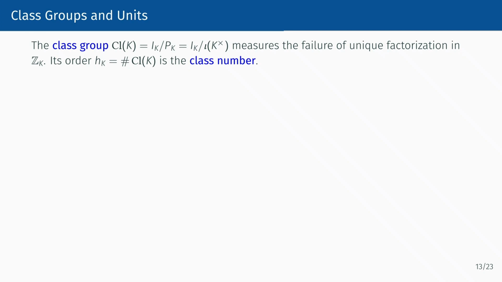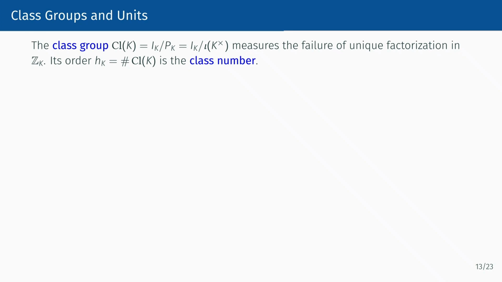The class group is an invariant coming again from the structure of ideals in our number field. I talked earlier about how one can generate an ideal by a single element. These ideals are known as principal ideals, and these are denoted here as P_K.